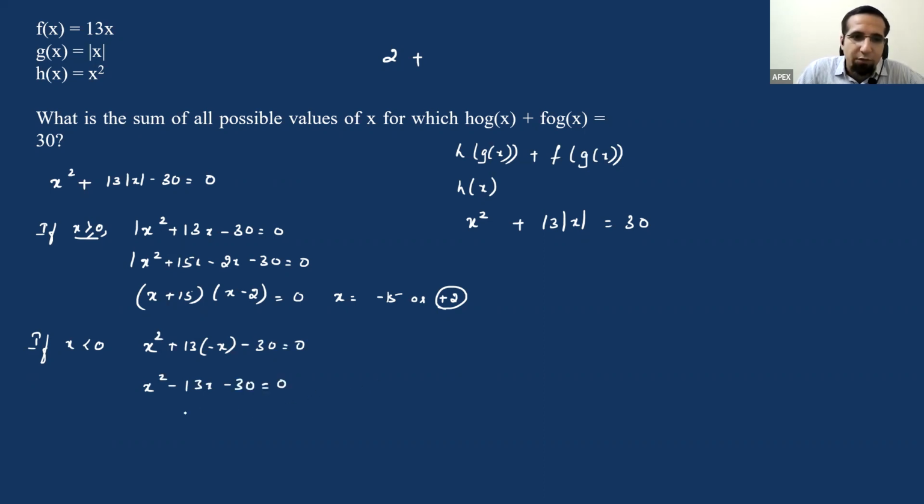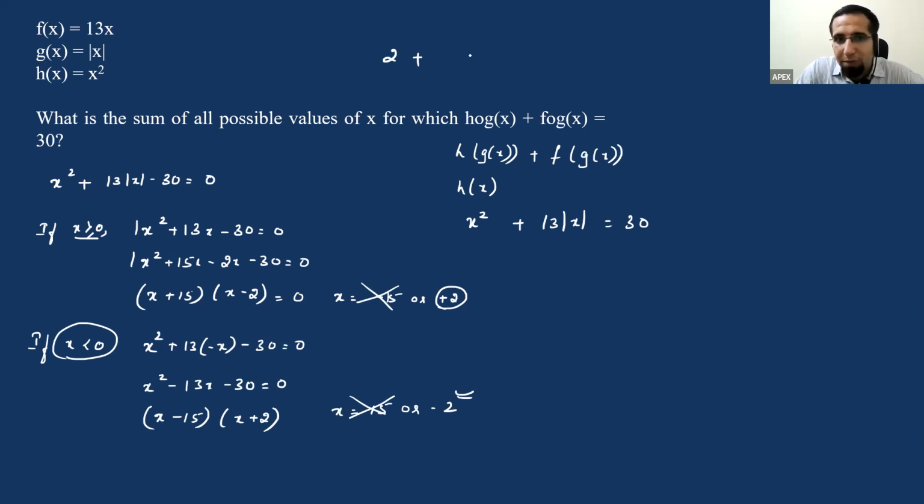Right? So this factors as x minus 15 into x plus 2. Clear? So here the value of x will be either 15 or minus 2. Now we are in the condition where x is less than 0. So x is equal to 15 is not acceptable. Therefore, x is equal to minus 2 will be acceptable.